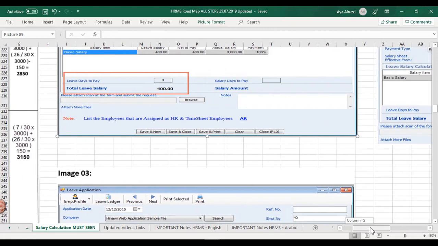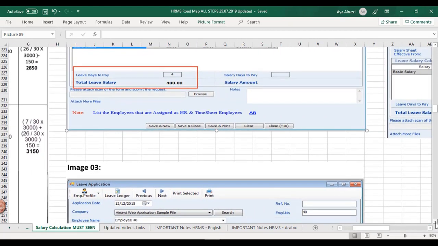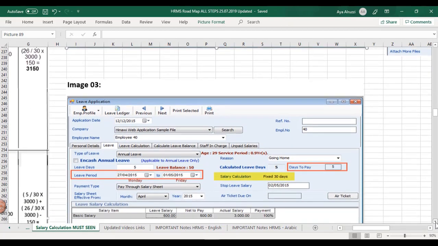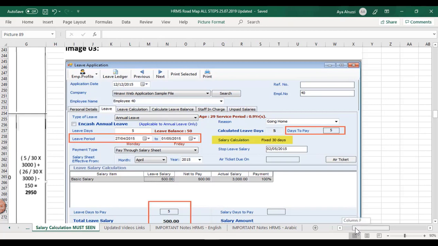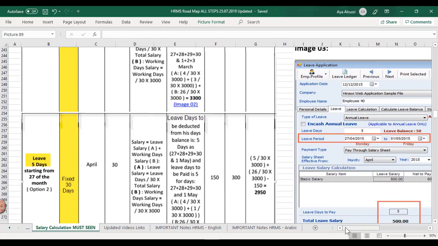Let's go here and see now image 3, which is for April. Now in April, it's calculated as 5 days, and the days to be paid are also 5 days. Now, wondering why is this happening? Basically for April, because it's fixed 30 days, and April itself actually has 30 days, so it's exactly the same.